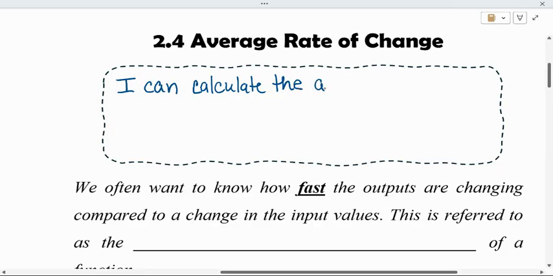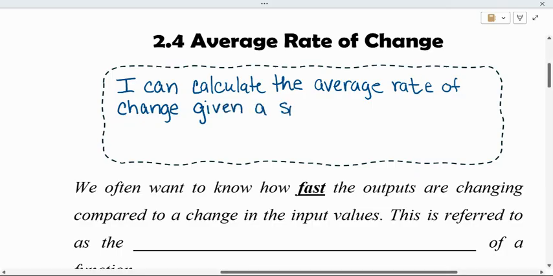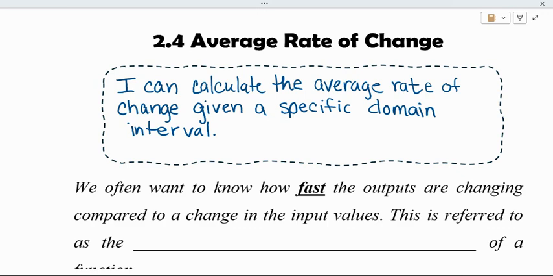I can calculate the average rate of change given a specific domain interval.